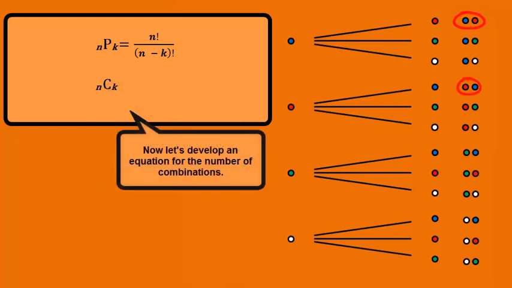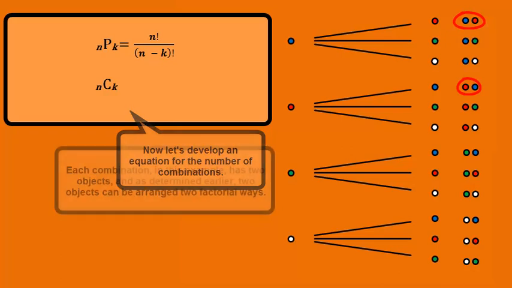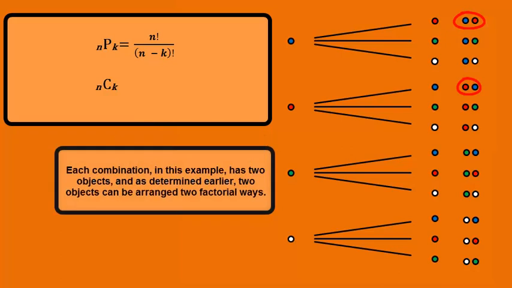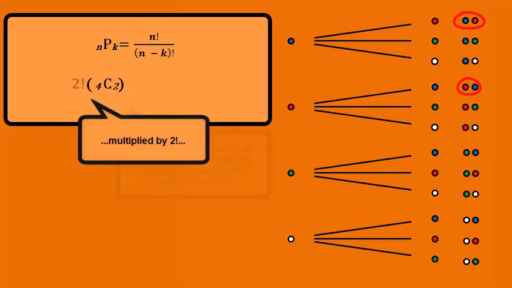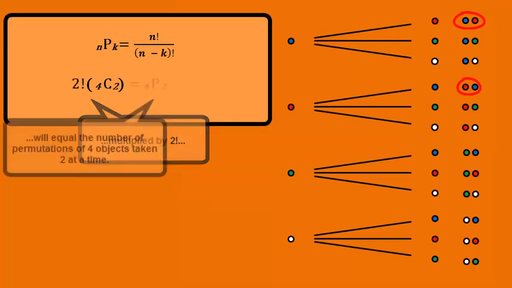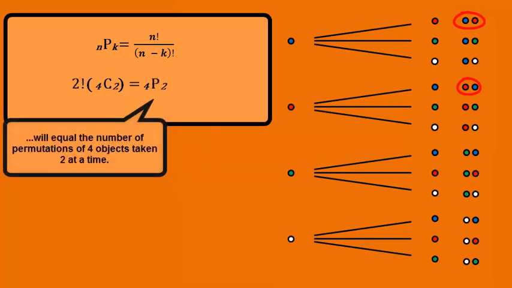Now let's develop an equation for the number of combinations. Each combination in this example has 2 objects, and as determined earlier, 2 objects can be arranged in 2 factorial ways. Therefore, the number of combinations of 4 objects, marbles in our example, taken 2 at a time, multiplied by 2 factorial, will equal the number of permutations of 4 objects taken 2 at a time.